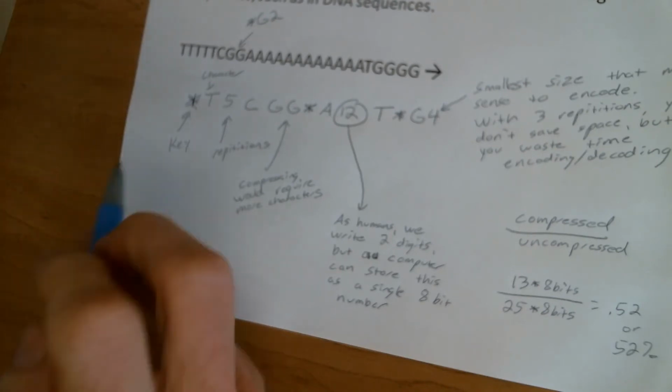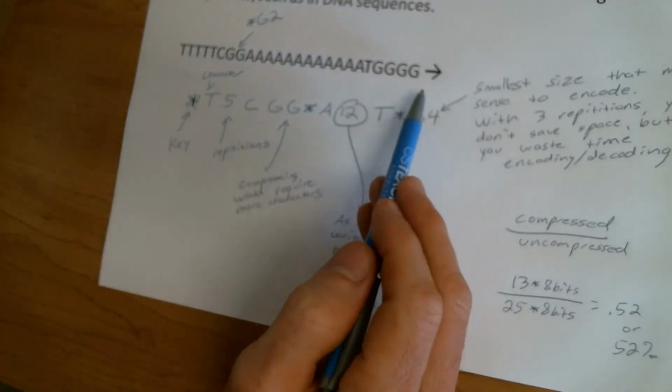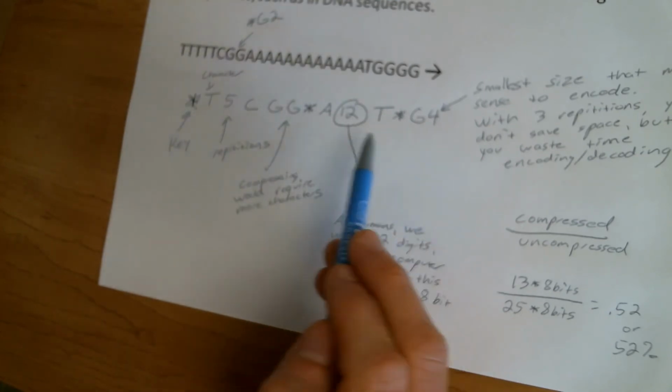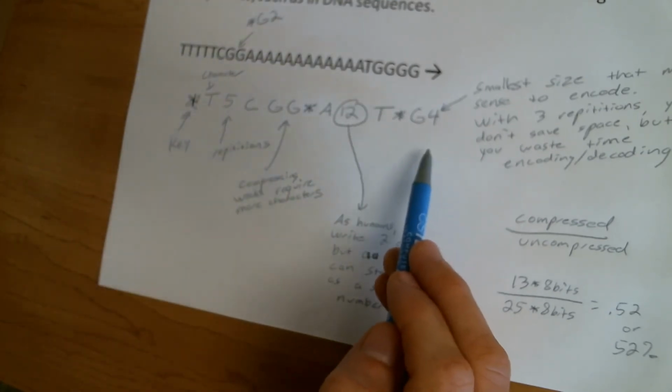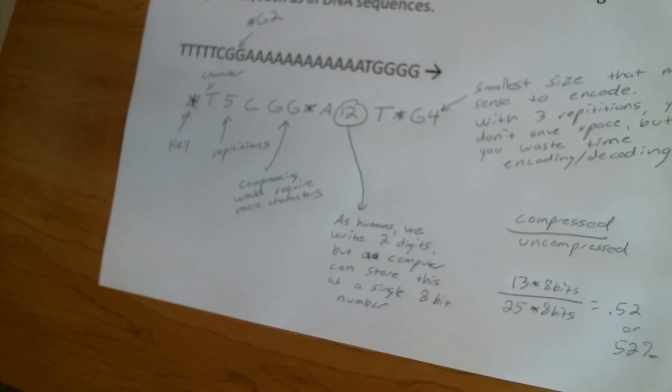You should know how to both take a string and run length encode it, or if I give you a run length encoding, you should be able to produce the original string. Same thing with Huffman codes. You should be able to go back and forth in either direction as long as the table is provided. All right.